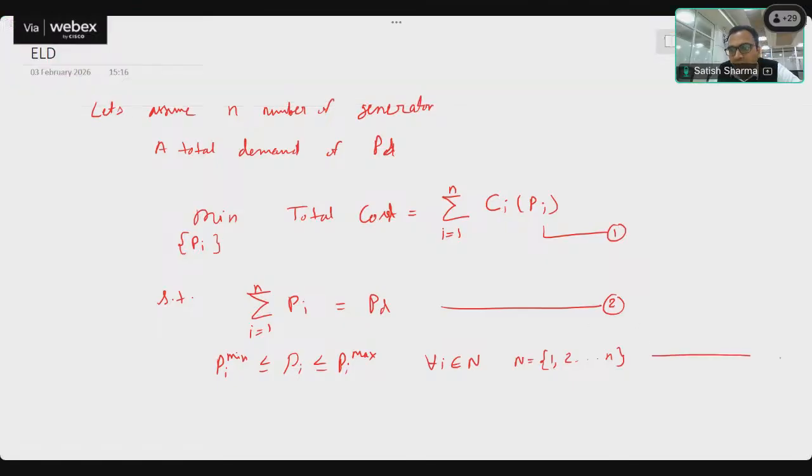This is the minimization of cost. This equation number 2 is called the power balance equation, and these are basically the power generation limits.